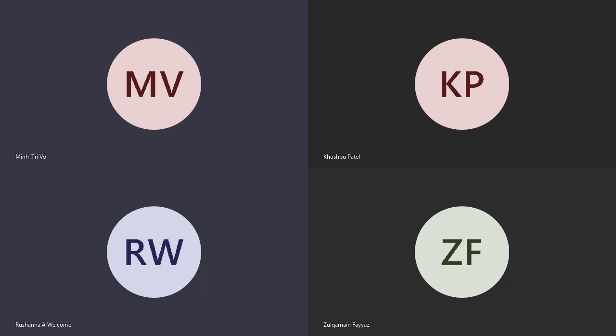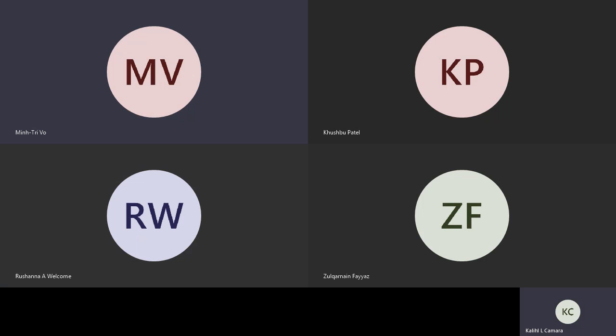Then in your chat window, you should be able to see the meeting for this class, the CLS3 link. Next time you just need to join the same meeting again.